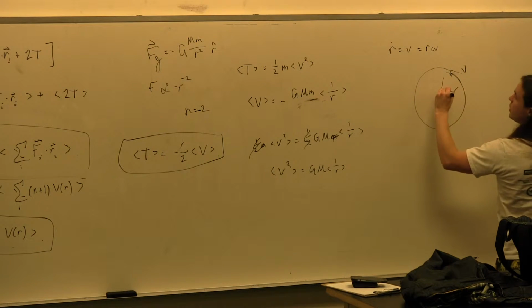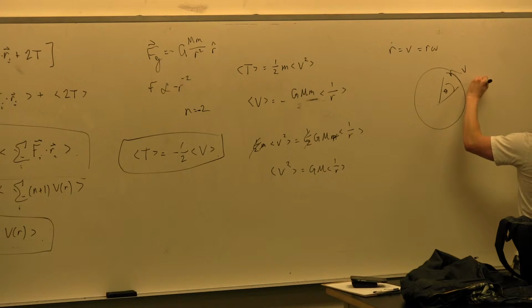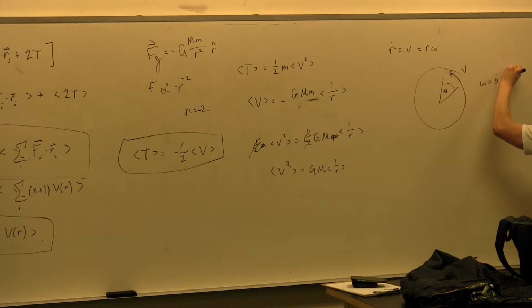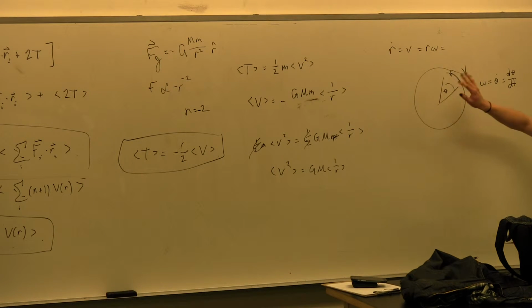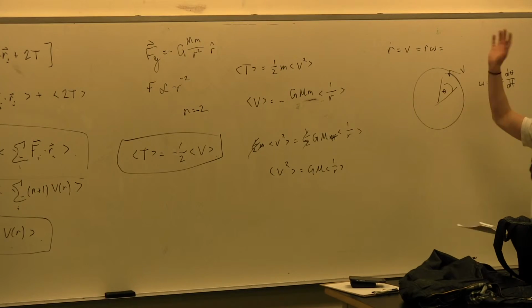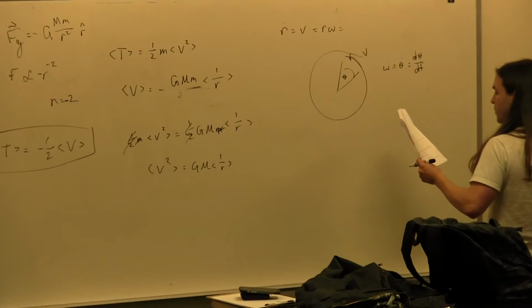So this is the velocity, this is theta, and if you define omega to be theta dot, the time derivative of theta, you've got r d theta dt. You can express the tangential velocity in terms of the differential of the polar vector.